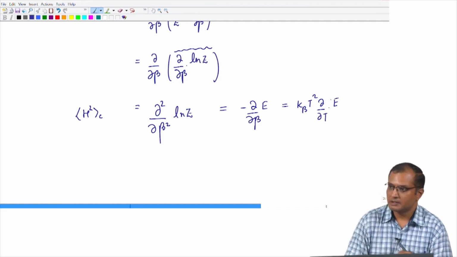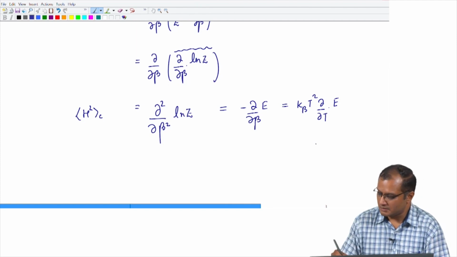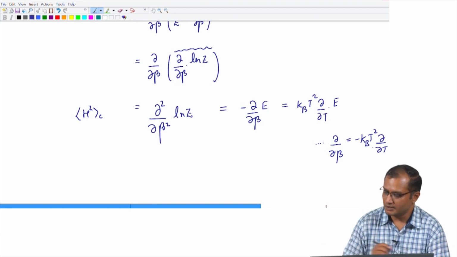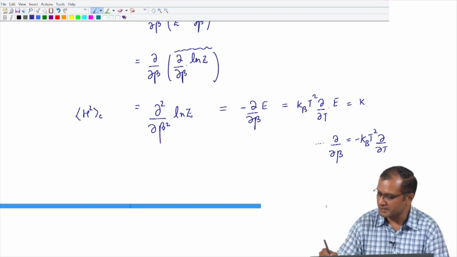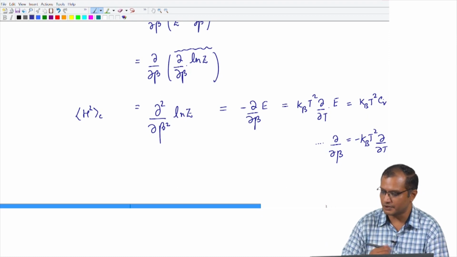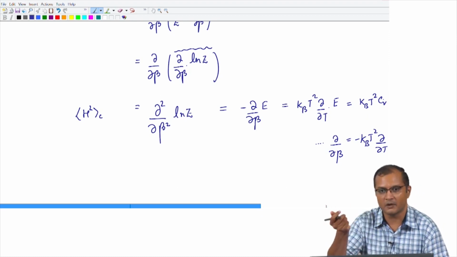Since if you recall, d over d beta is negative k_B T square d by dT. And finally, you can see that d by dT of the energy is nothing but heat capacity at constant volume. So, all these derivatives are at constant volume because we are doing a canonical ensemble problem.